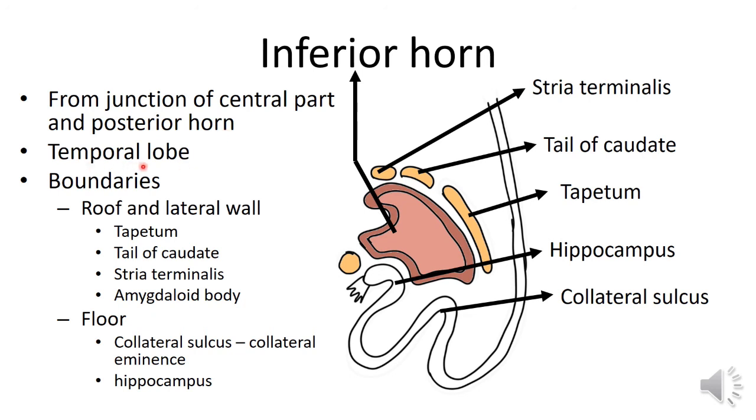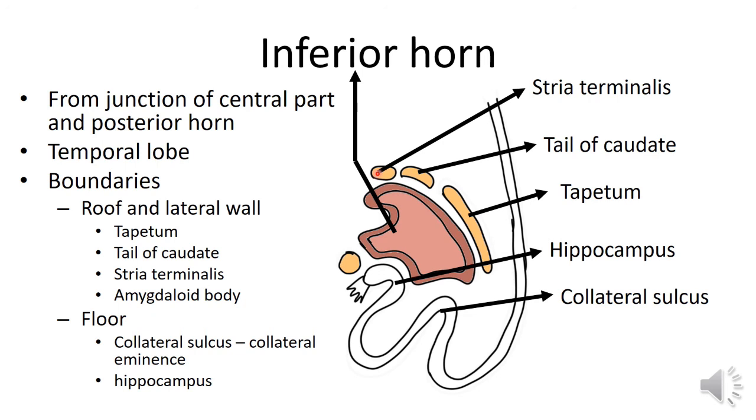The boundaries here are the roof and lateral wall. The roof and lateral wall is bound by tapetum, tail of caudate nucleus, stria terminalis and amygdaloid body.